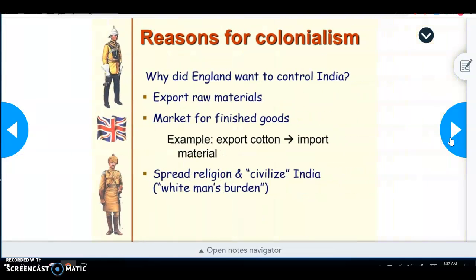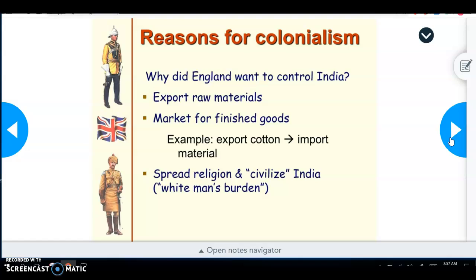So reasons for colonialization. Why would a European nation want all of these places that are on the other side of the world? Well, the number one reason is exporting raw materials. So things like spices, silks, could be corn, it could be different types of food. They want that raw material.